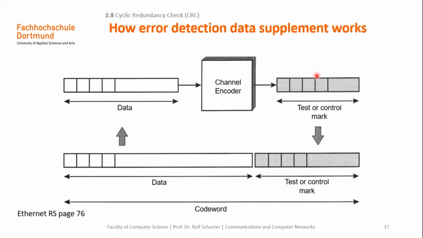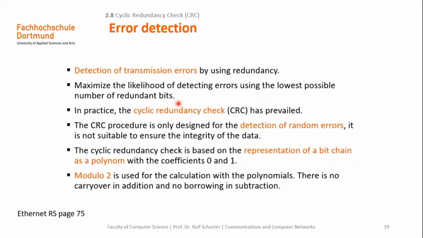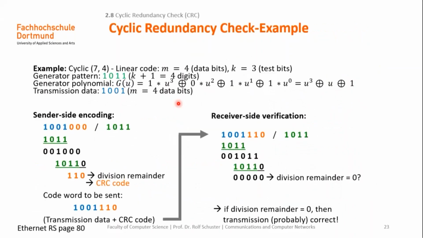Then what is important to realize is that we use the CRC algorithm to calculate redundant information. Typically, if this is an Ethernet frame, this is the frame check sequence that is calculated using a cyclic redundancy check algorithm, and the algorithm used in Ethernet networks is this pattern that we see here.